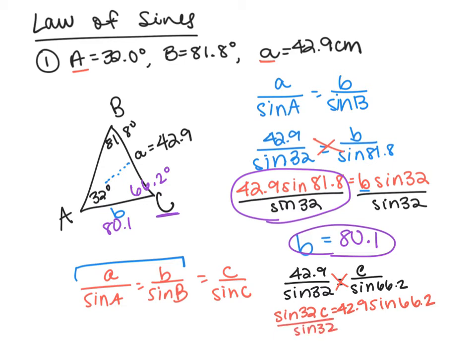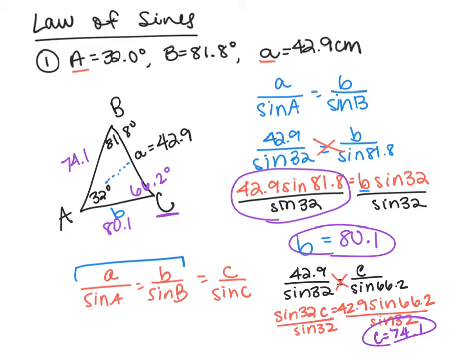Divide by sine of 32. Type that whole thing in your calculator and you get c equals 74.07, so 74.1.